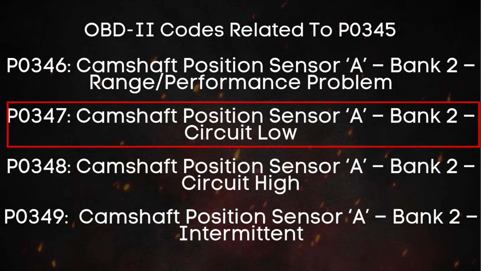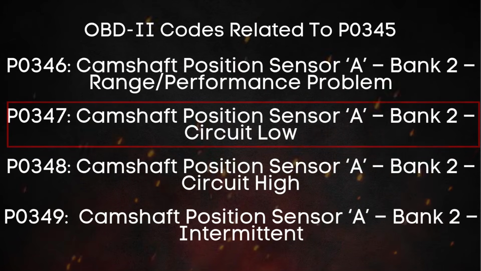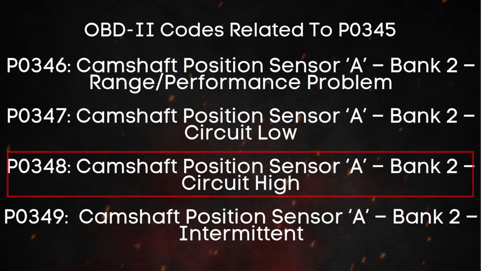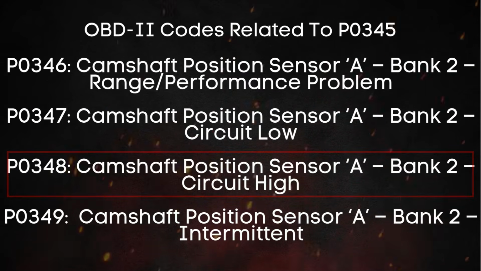Then there's P0347, which means Intake Camshaft Position Sensor for Bank 2 is circuit low. This usually indicates that the voltage in the sensor's signal is too low. It could be caused by a dying sensor, damaged wiring, or corroded connections. On the flip side, you might see P0348, which is Intake Camshaft Position Sensor for Bank 2 is circuit high.